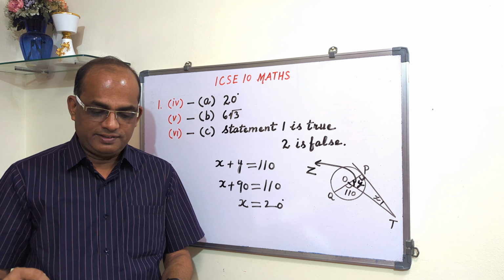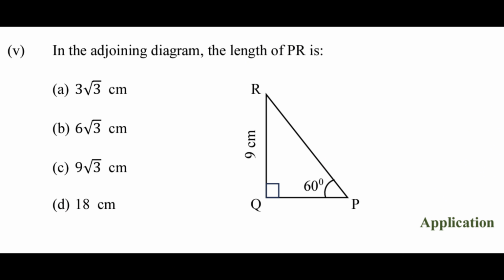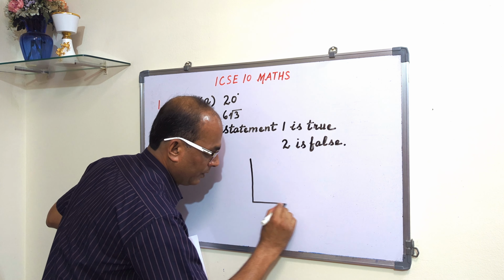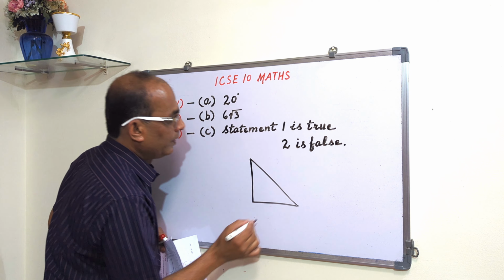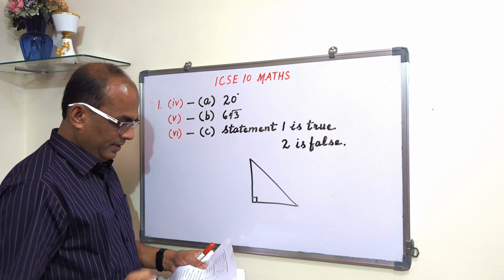Now the second question. See the fifth sub question: in the adjoining diagram the length of PR is, option A 3 root 3, B 6 root 3, C 9 root 3, and D 18 centimeter. These are the options. Let's see which one is correct. I am drawing the diagram.